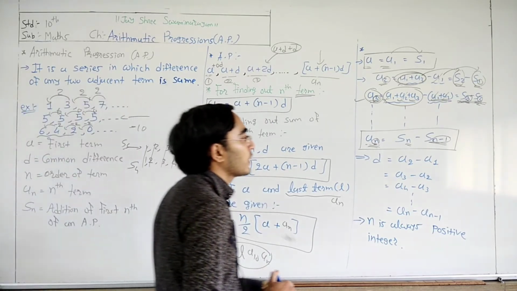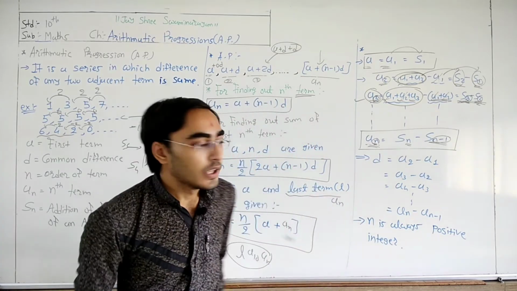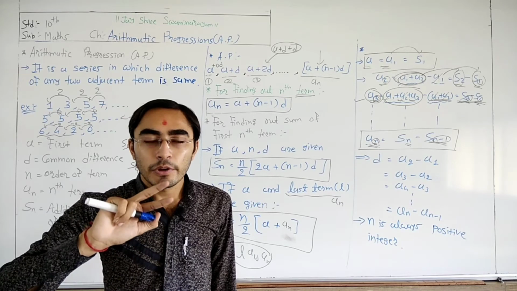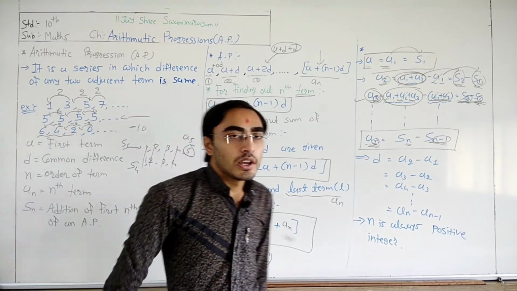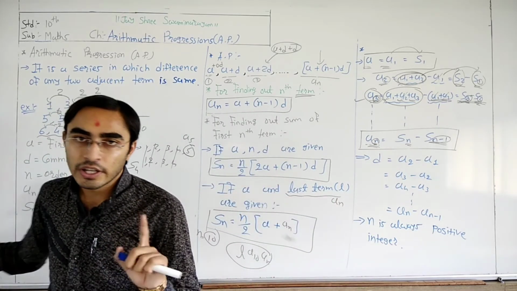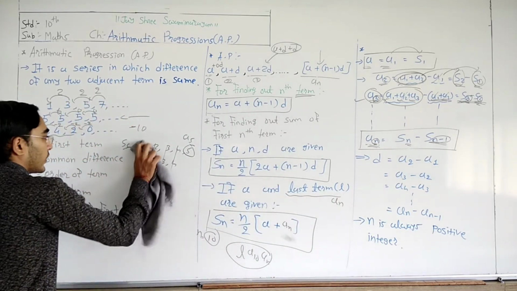After that, common difference D. How can you find the difference D between any two adjacent terms? Here I already tell you one thing: the difference D is the same for the whole series.